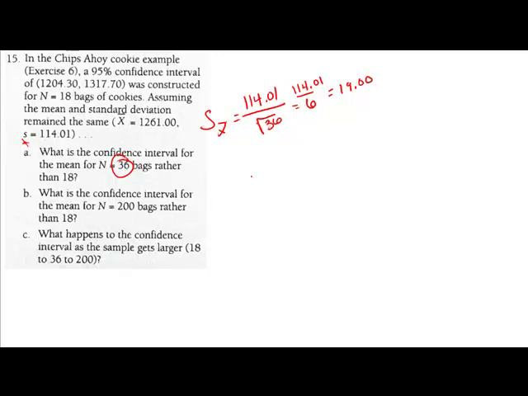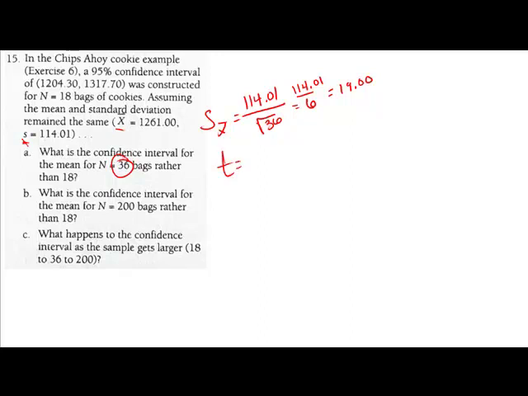So our confidence interval is, well, if n is 36, my critical value, I gotta look that up because it's a t-score, right? Sample.